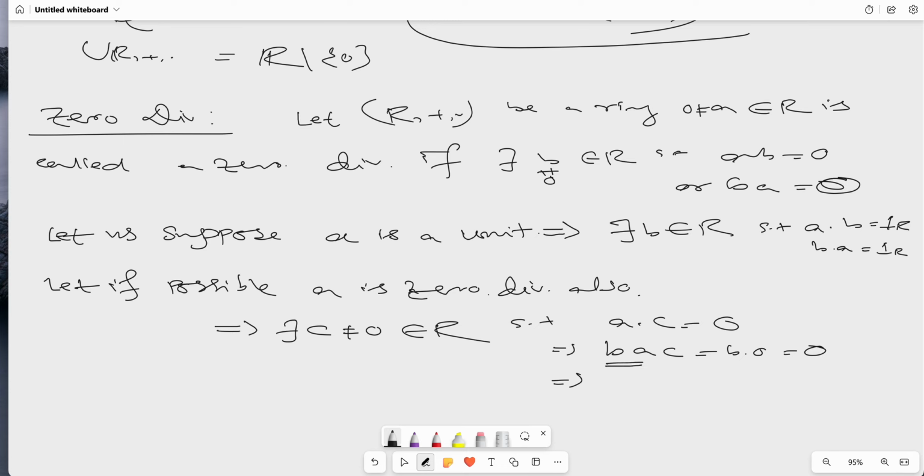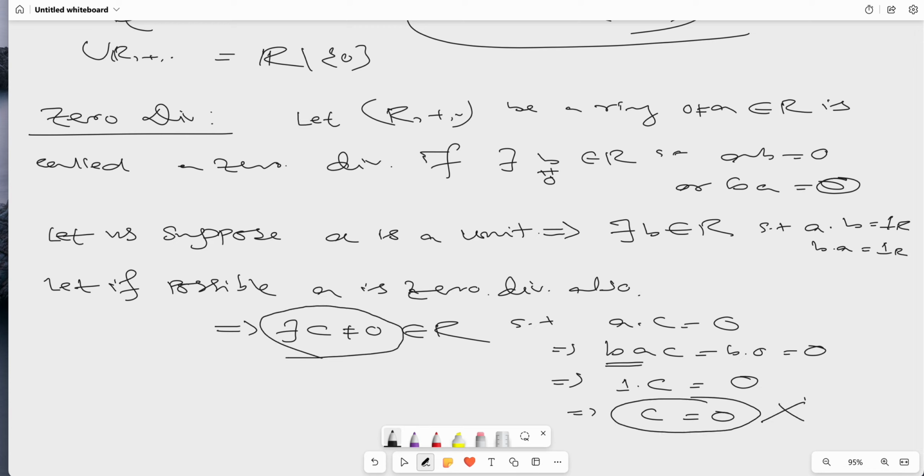What is BA? BA is 1. So 1 dot C is equal to 0. This implies C is equal to 0. I have assumed C is non-zero here, so I'm getting a contradiction. So if A is a unit, A cannot be a zero divisor.